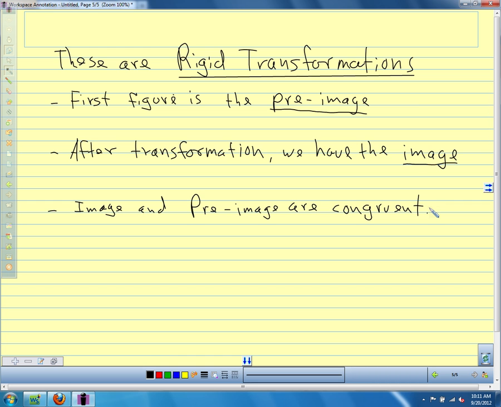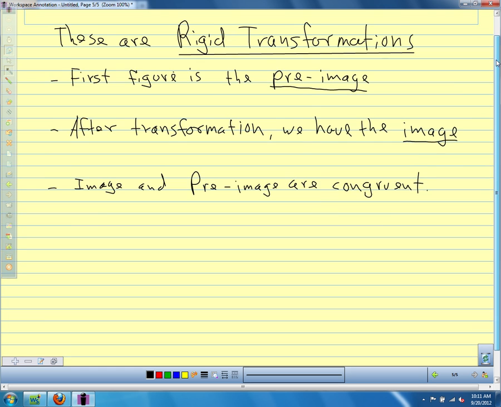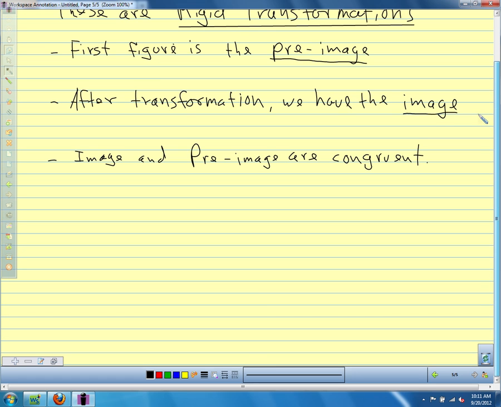And this leads us to our definition. The way we described congruent was same size and shape, and I said we were going to make it a little more precise. With these three transformations, this is how we make our definition of congruence a little more precise.